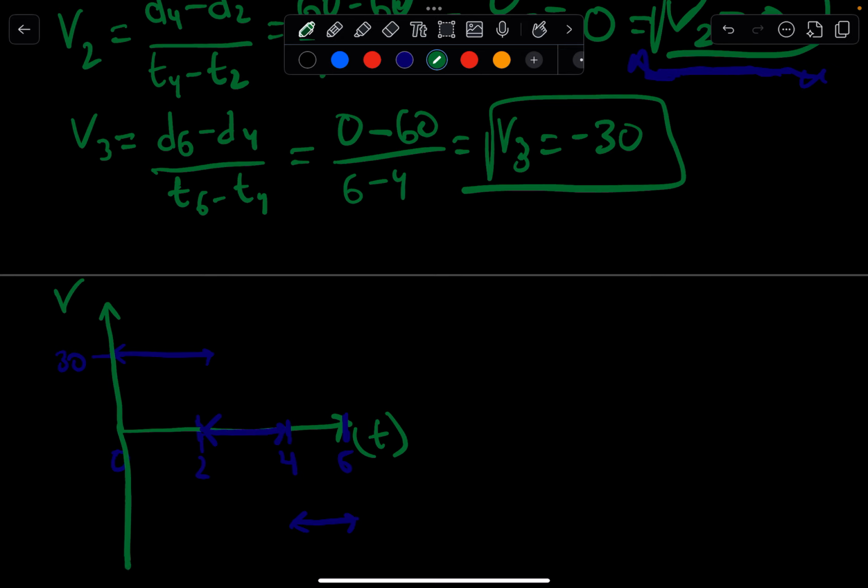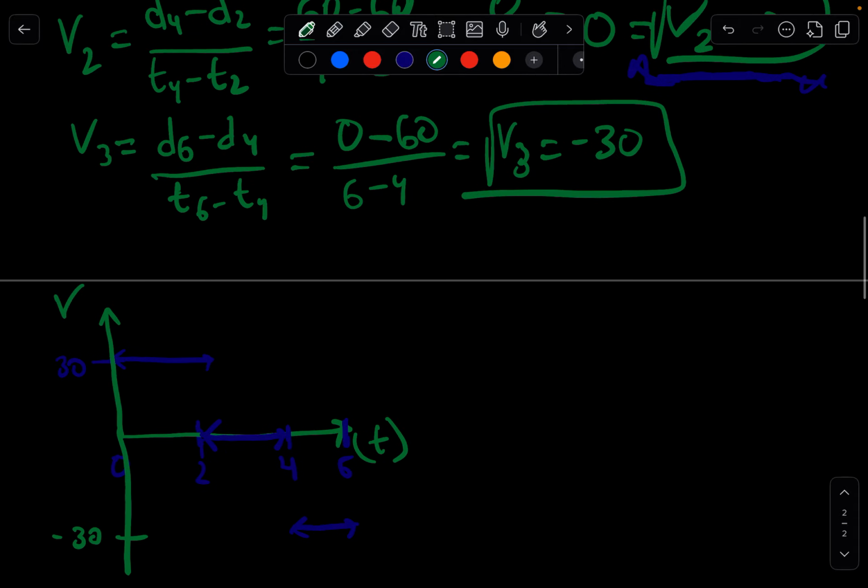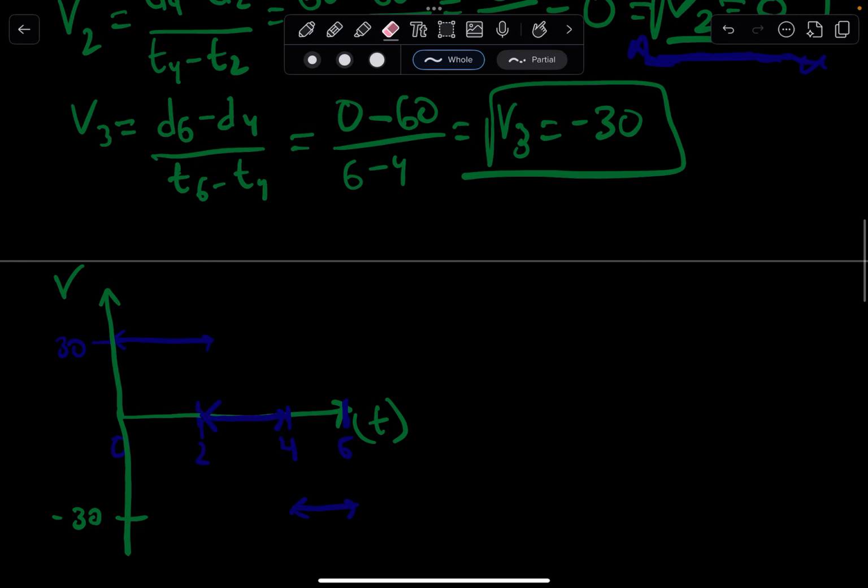Minus 30. We can talk about discontinuities later, but pretty much there's just some basic stuff that we should learn here.